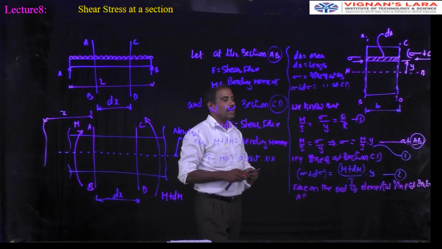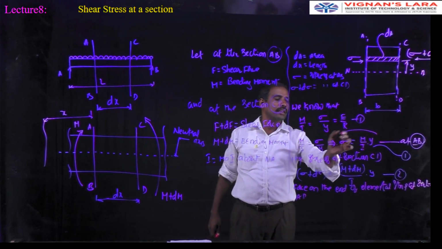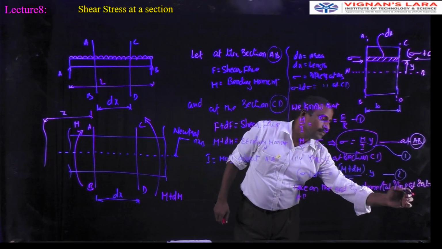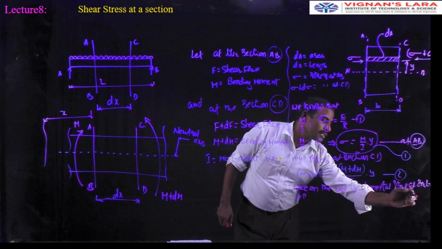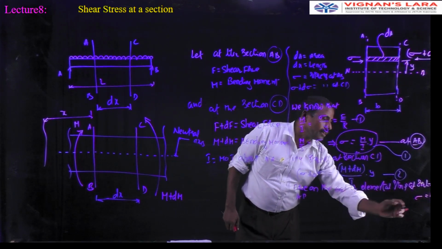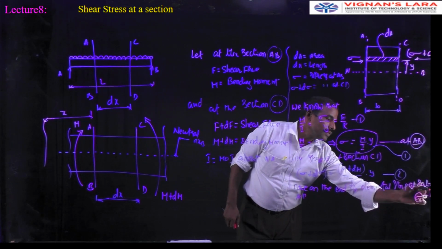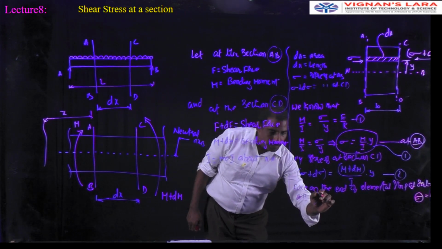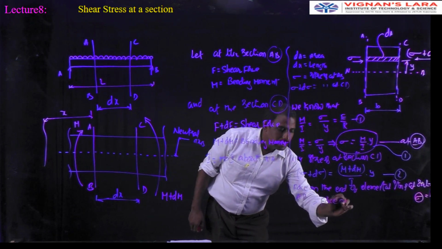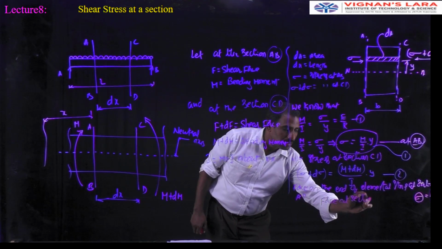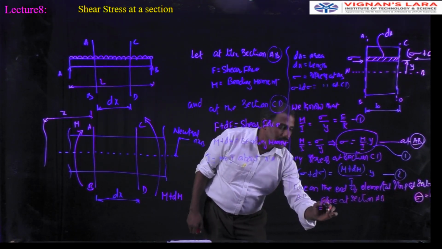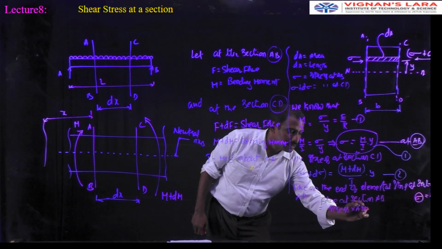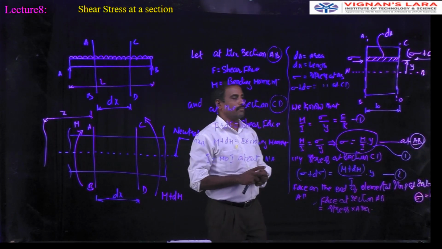We know the stress at section AB. Stress is equal to force by area, so force is equal to stress into area. Therefore, the force at section AB is equal to stress into area. This is very important.